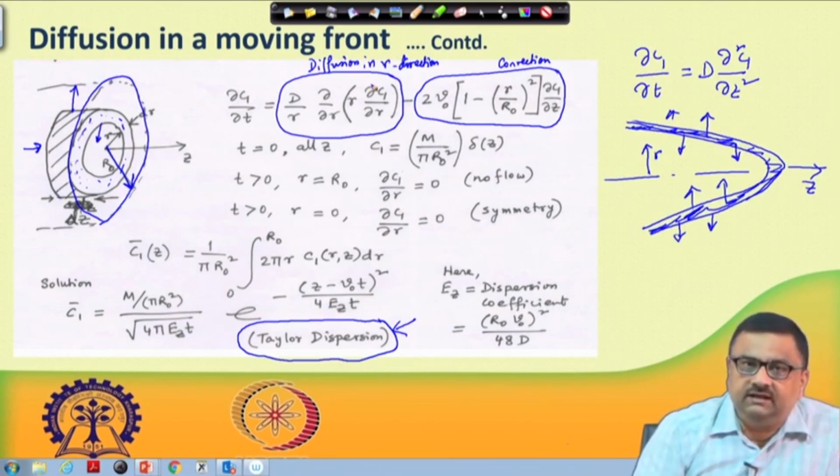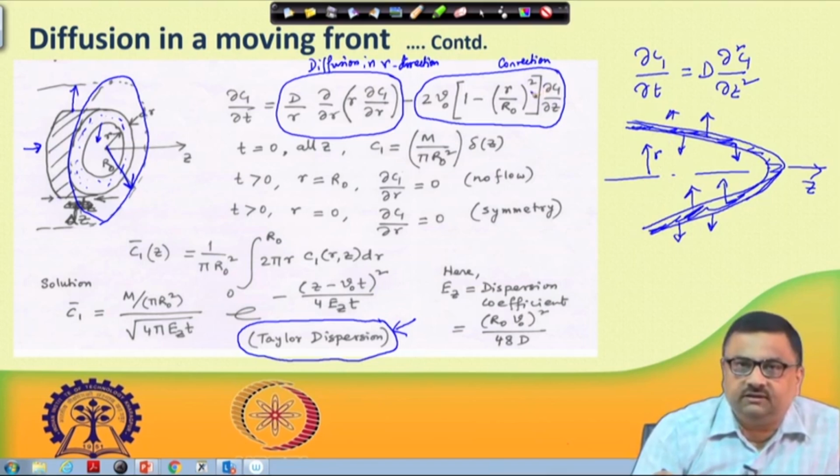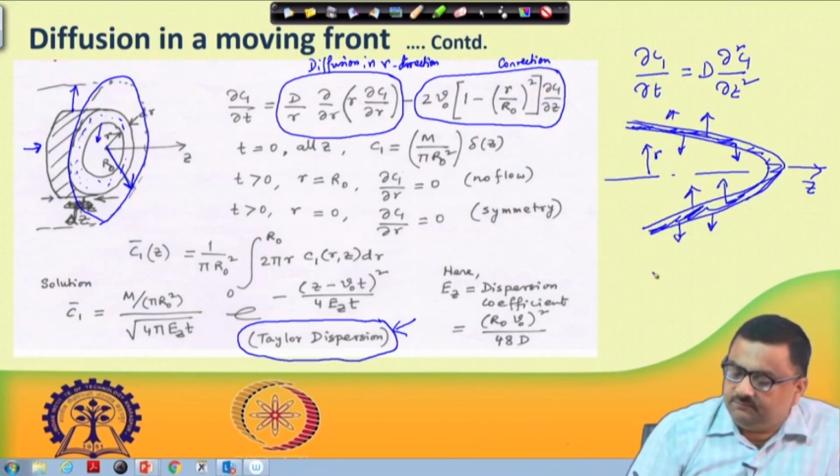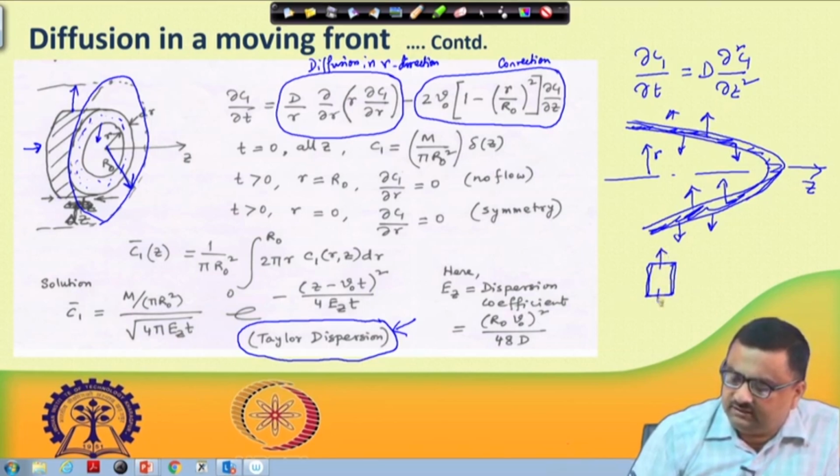And the second thing is, the fluid is being delivered here by convection. What is convection? Suppose I pick up a differential element. There could always be diffusion in the r direction, so something will go out this way, that is a diffusive process.